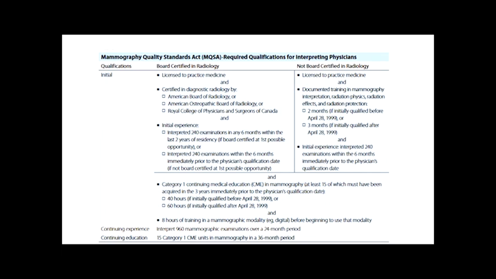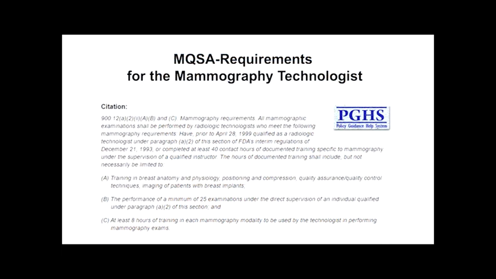Physicians, the continuing education, 15 category 1 CME units in mammography in a 36-month period. I might mention that this will be 3 hours of category 1 CME specific to mammography for completion of this activity. And then for the technologists, the same thing.